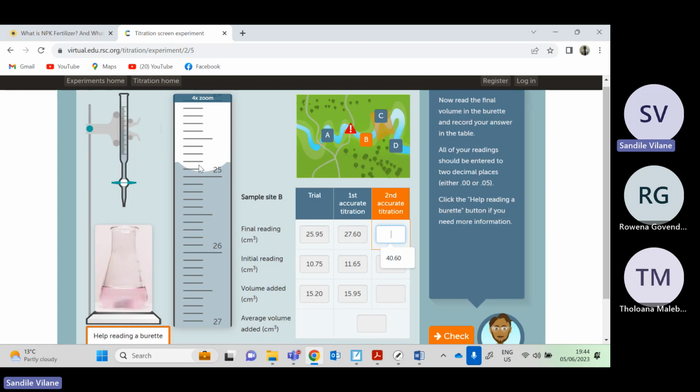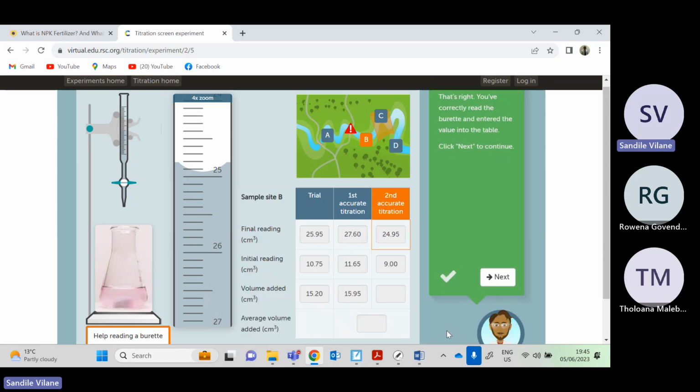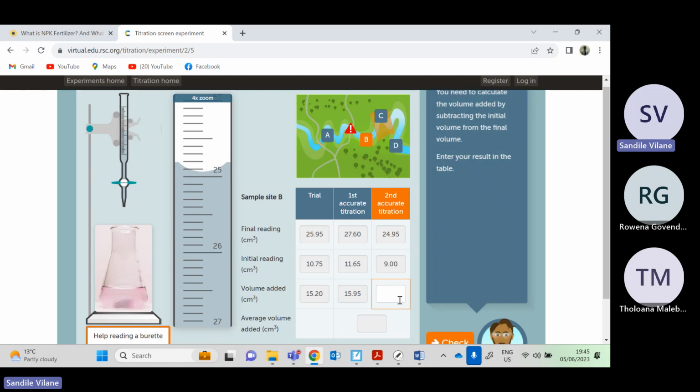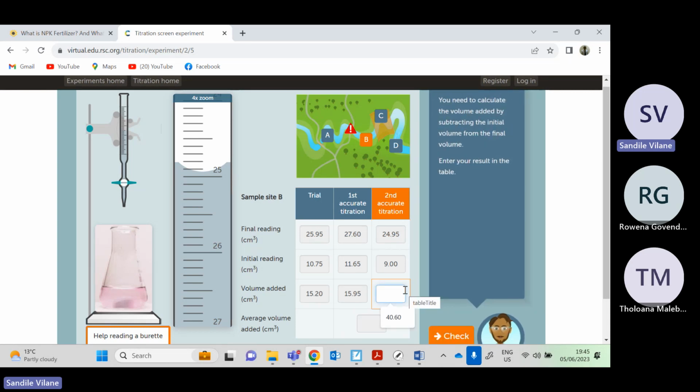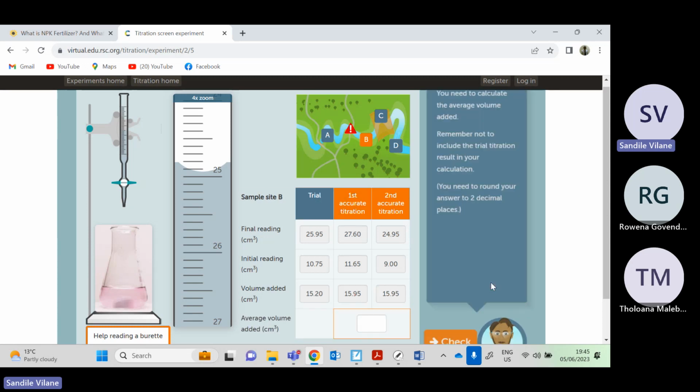The final volume in this case is 24.95. And we are done with this titration. Can you do the difference one more time? 15.95 again, isn't it? Yes, Rowena? That's perfect. So you can see this is exactly the same.